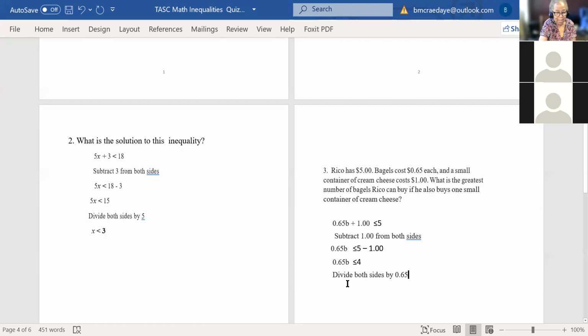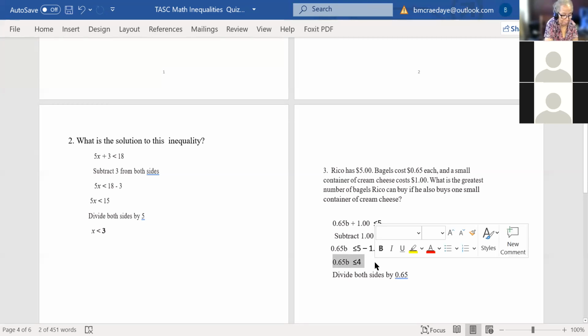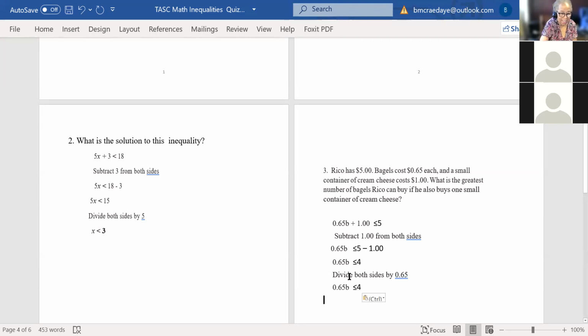And what do I get? Well, it's 6.153846. So I get B less than or equal to 6.15. Dividing both sides by 0.65 just gives me B.